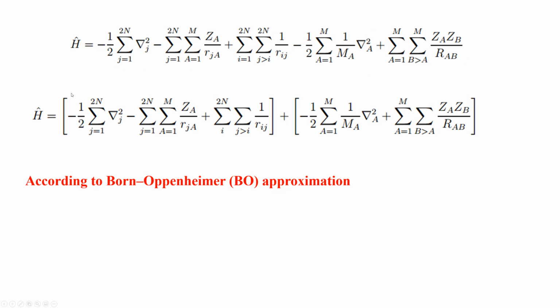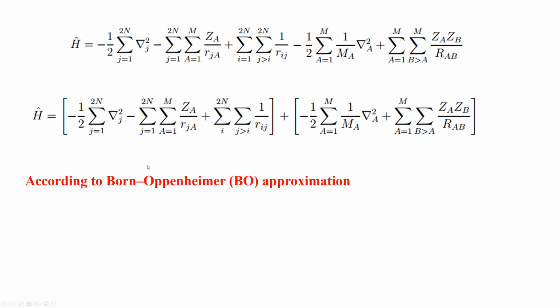This equation can be divided into two terms really. The first one, as you see here, the three terms represent the electronic Hamiltonian, and the last two terms represent the nuclear Hamiltonian. As you see, the kinetic energy of nuclei and the potential of nuclei.